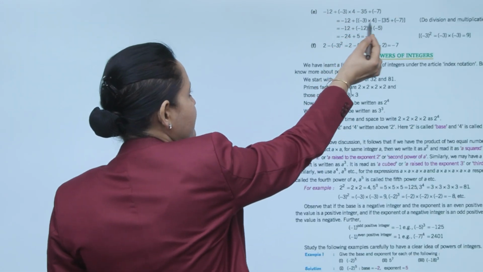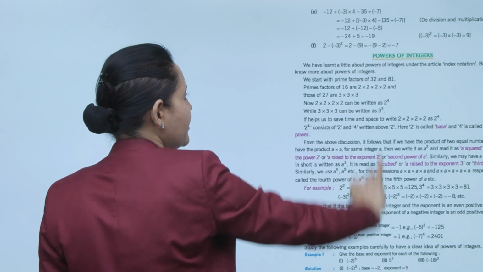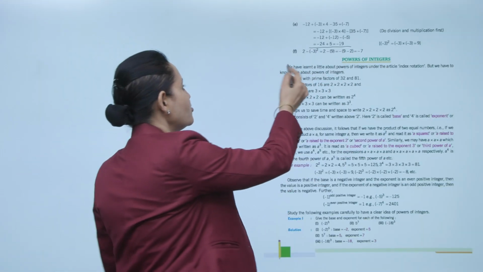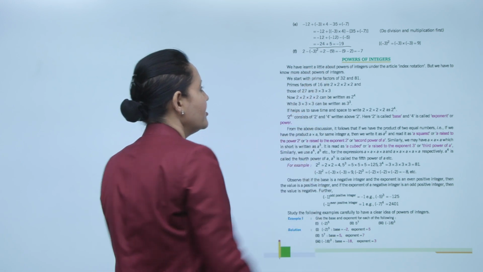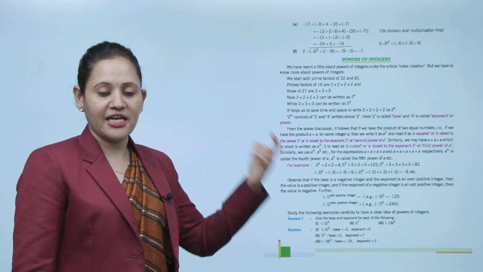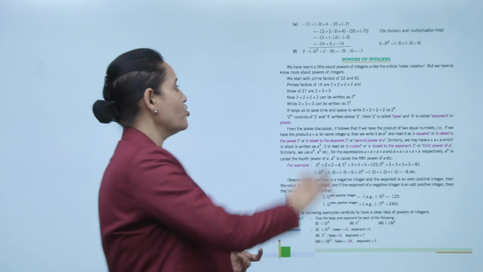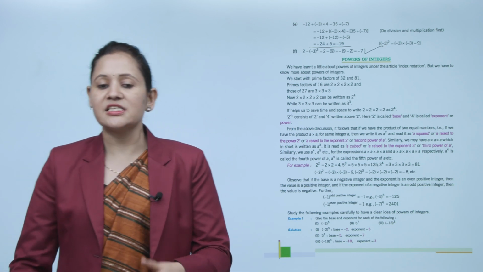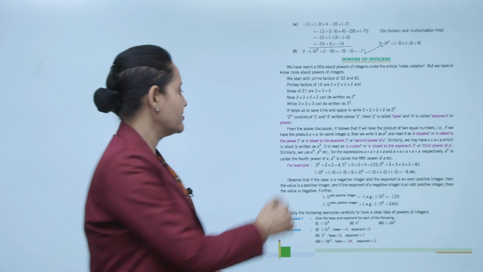Then multiply, -3 into 4, -12. Then हम इसको solve करेंगे. Clear? So here 2 minus (-3) का whole square, -3 का whole square means -3 into -3, that is equal to 9. So 2 minus 9, that is equal to -7. Clear?